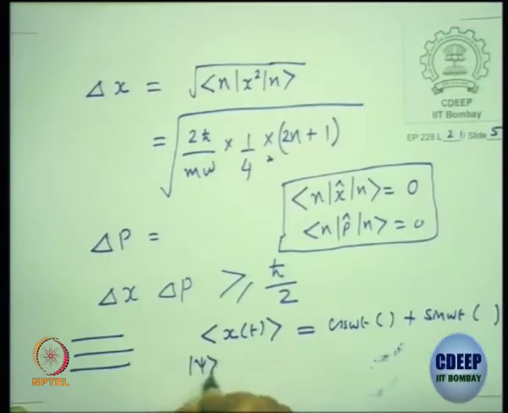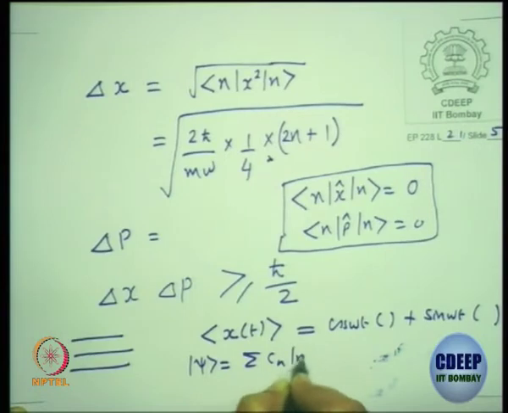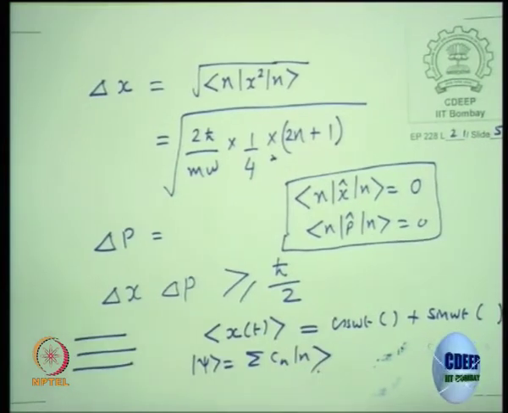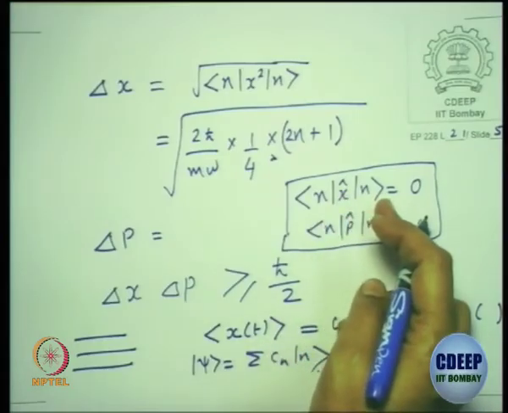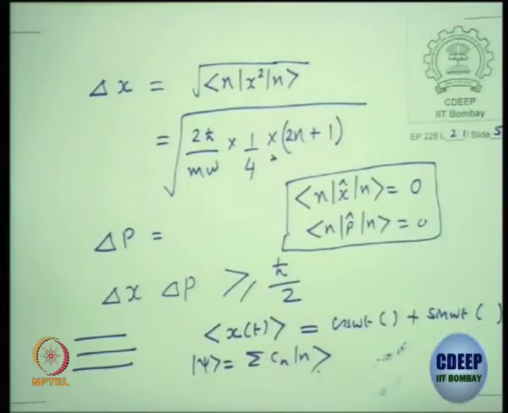If the state psi is a superposition. If psi was only a particular eigenstate, then this x of t is also 0. If you want to go and look close to classical physics, harmonic oscillator, when you write the solution for the position or momentum which is evolving in time, it should have this oscillation cos omega t and sin omega t. You cannot get it with the stationary states.